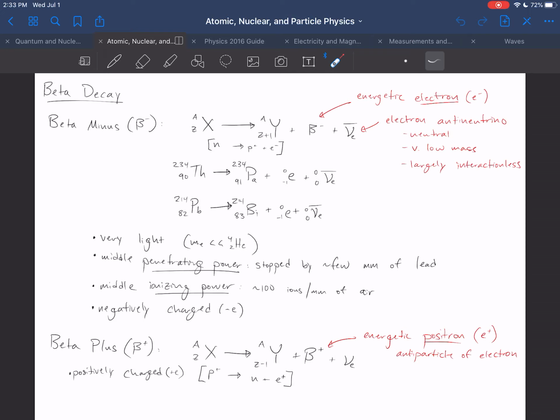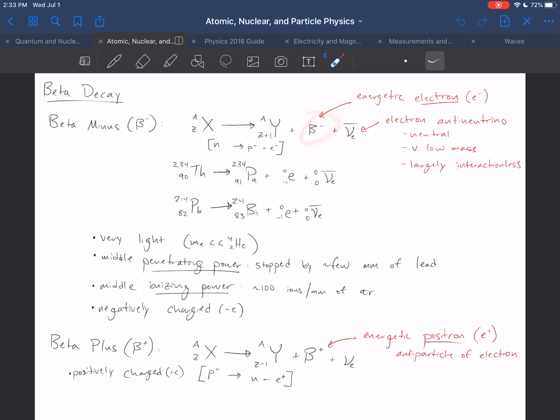Another way of describing that is that a neutron becomes a proton in some sort of meaningful sense, and we'll talk about what that means in a second. It emits the beta particle, and it also emits another particle, which we'll talk about in a moment.